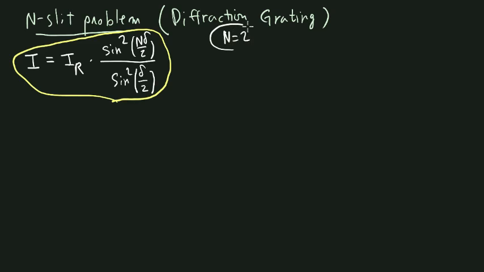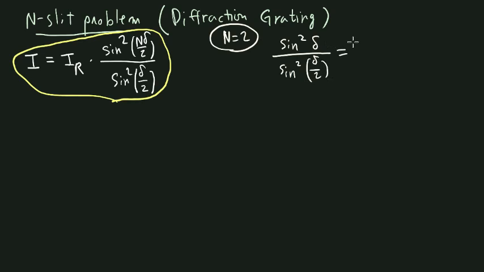Let's do that exercise. N equals 2, what happens here? So then what we have here is that I'm just going to write down this sine square function here. Sine square, if n equals 2 is there, then you get sine square delta. And then in the denominator, you have sine square delta over 2.